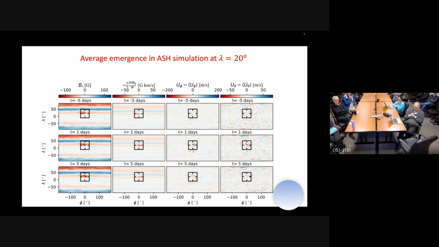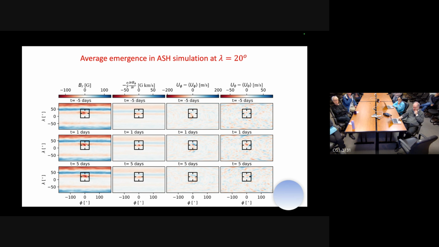If I look at the third panel, it tells me the perturbation, the difference with respect to the mean flow, of the phi component of the motion. And if you look here, you can see that the pattern we observe is much more extended than the location of the emergence.